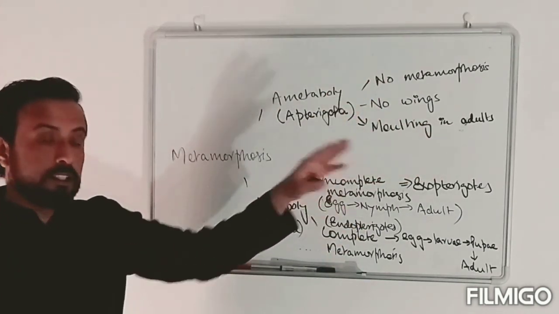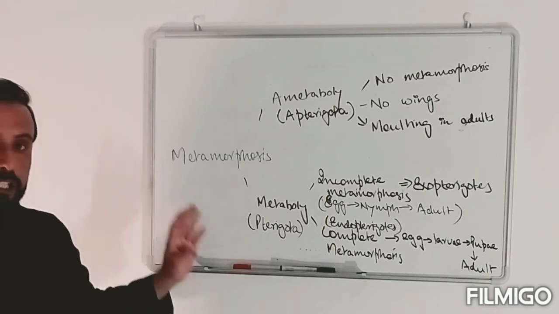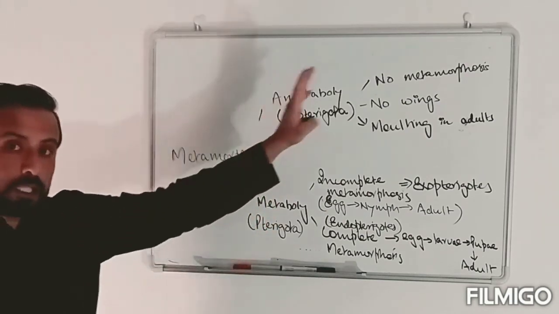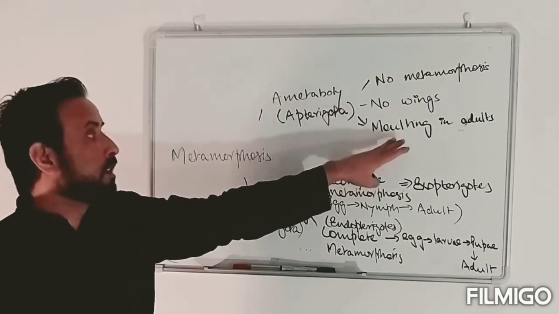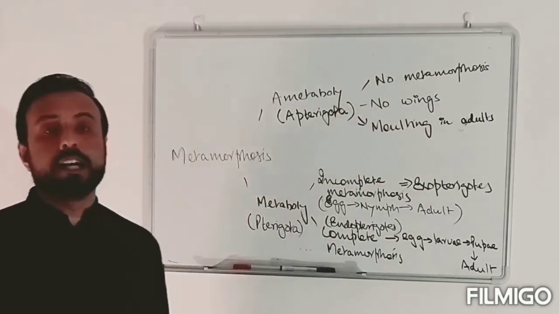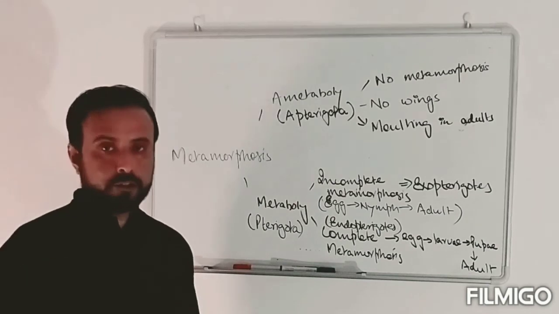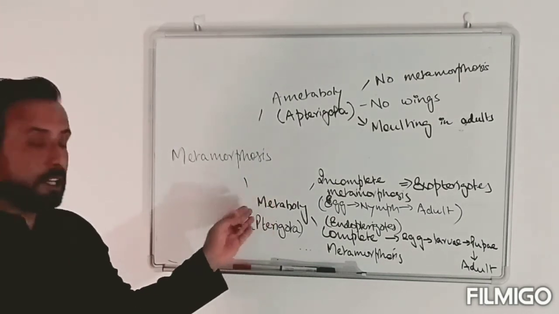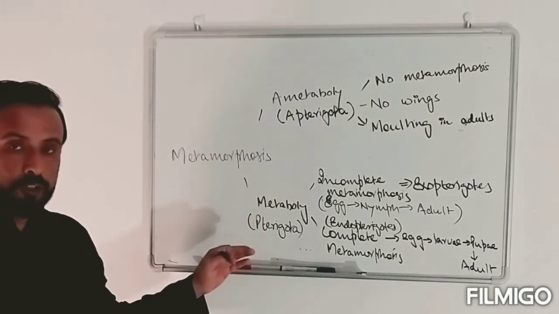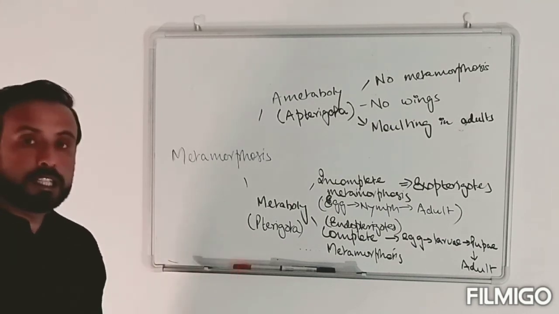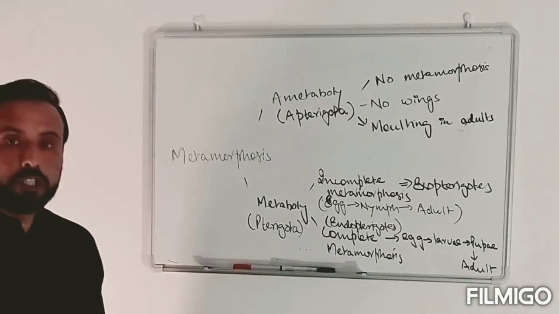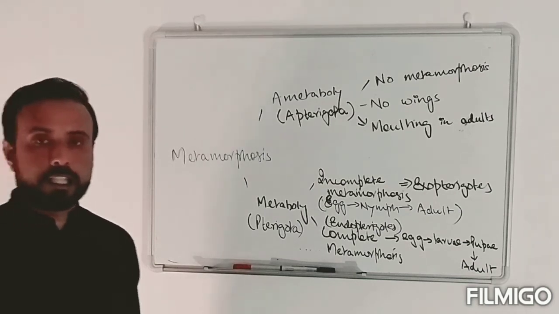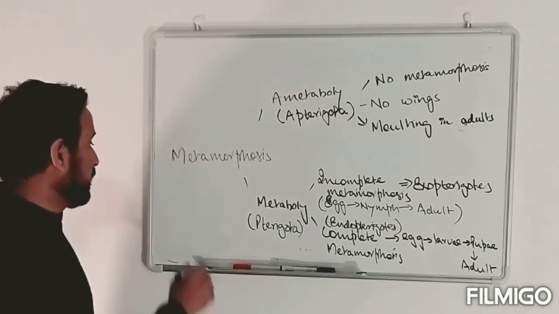Adults also show molting. Several moltings you can find in the developed adults also. Just the opposite is the case with the metabolic section. They show metamorphosis, they have wings, and they do not show molting in the adults. But there are certain exceptions also. Metabolic insects or pterygotes show wings, but certain insects do go for molting in the adult stage also, like mayfly.